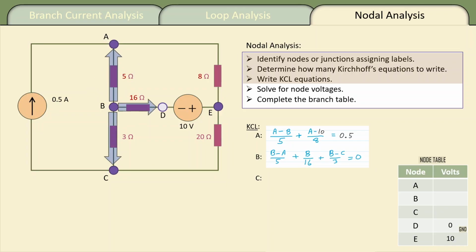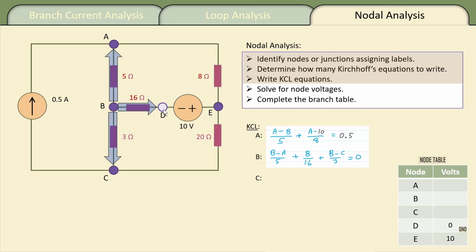Now for our second equation, it's not involving the known half amp, and I like to write my terms as if the current is leaving. Whether or not it's leaving or entering, I write the term as if the current is leaving, because we don't know what the current is doing at this point. So it's easier to just say, for the node you're working on, B minus A over 5, that's the current going from B to A through the 5 ohms.